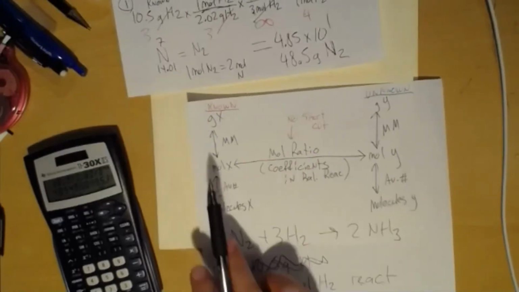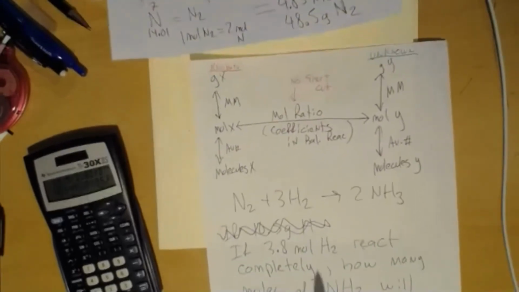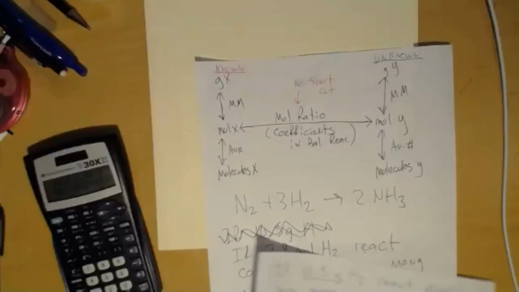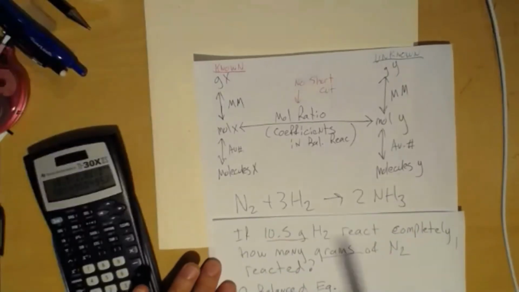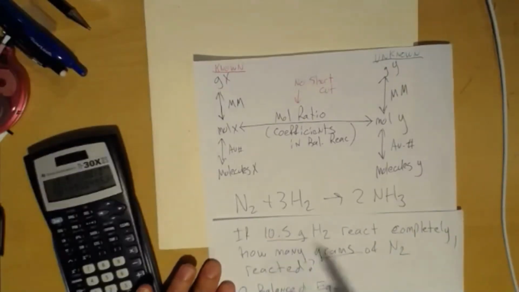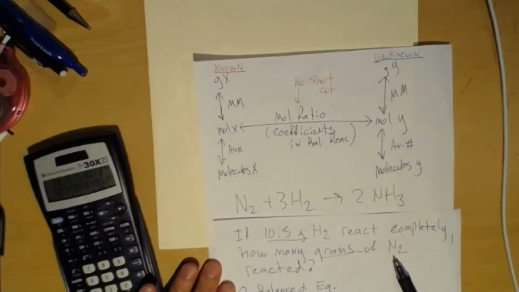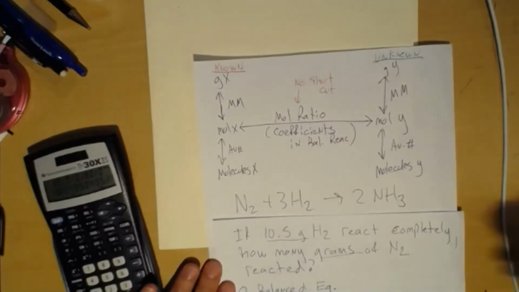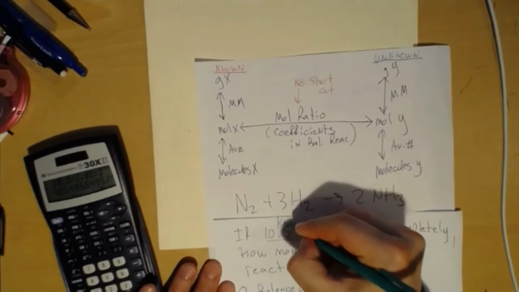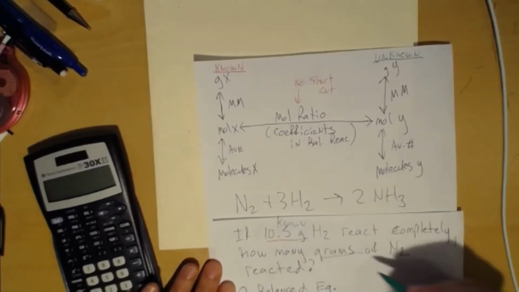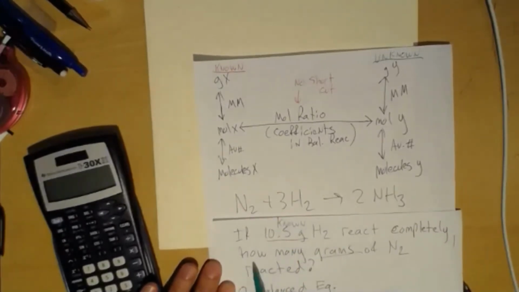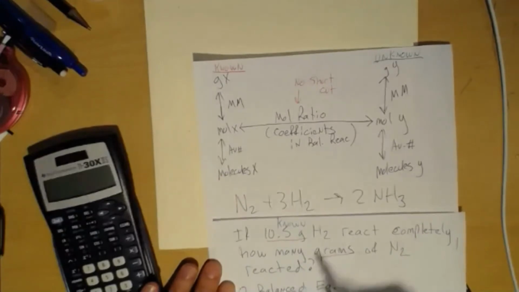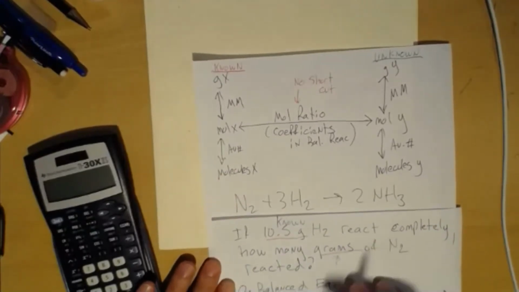But whatever they give me the amount of, that's my known. When they gave me 10.5 grams of hydrogen in that first question, that was my known. And then the nitrogen was my unknown. And when it says how many, that's my goal.